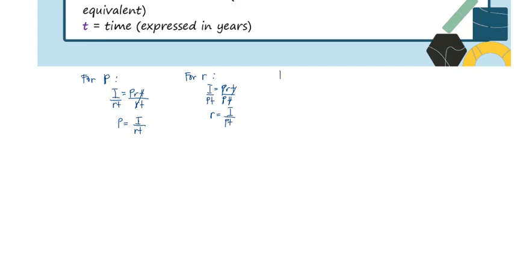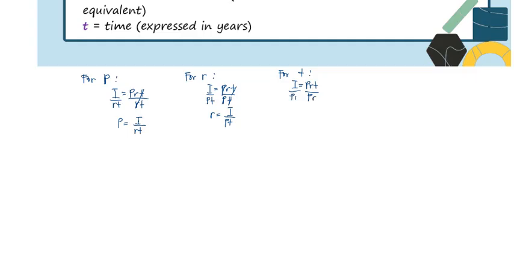And then we have for time. So if you are looking for the time, then we could equate it as well. And then we are going to make use ng ating formula, which is I is equal to PRT. And then we could just divide both sides then with PR.